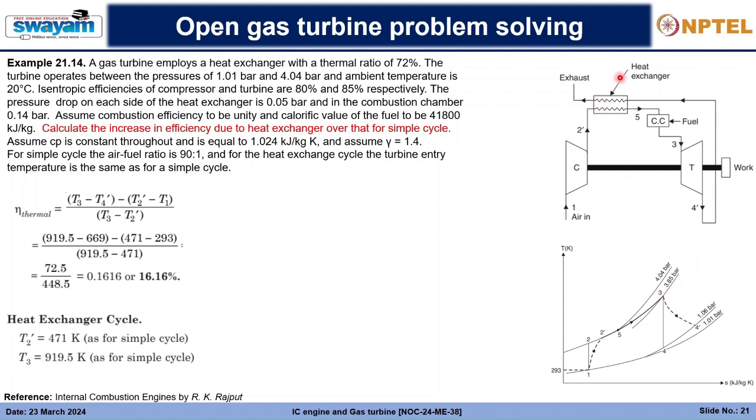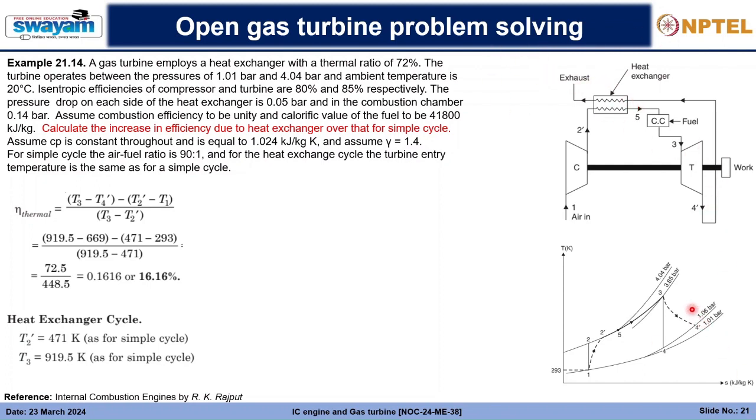And again, as the exhaust is coming out from this turbine, the exhaust will go through this heat exchanger before liberating into the ambient. And that's why the ambient is having 0.01 bar, and we'll have to consider that this pressure is achieved after accounting for the loss in the heat exchanger of the exhaust gases.